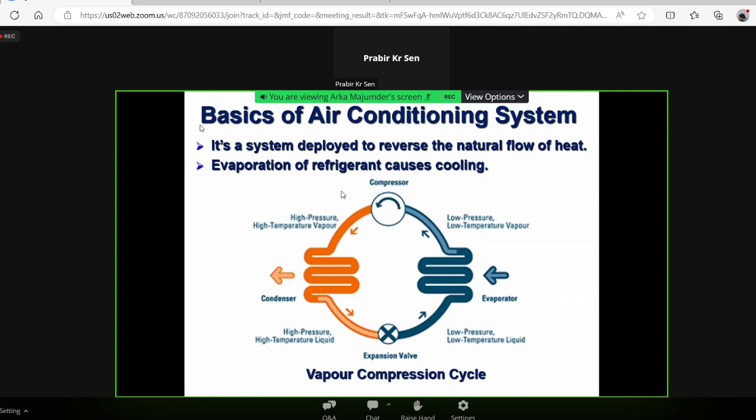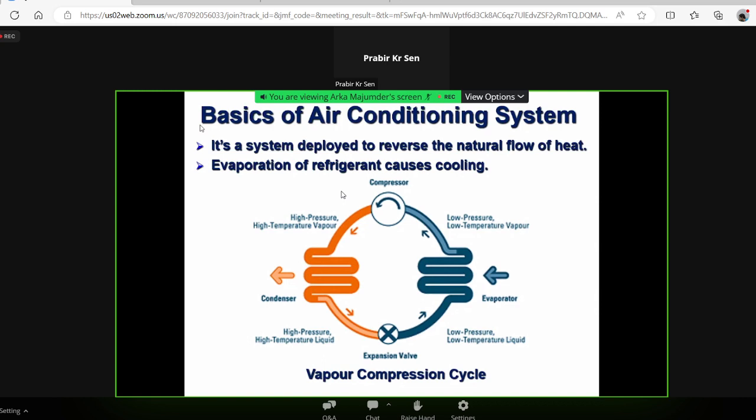So the cold refrigerant is then again passed through another cooling coil, which is called the evaporator, where the refrigerant is in the form of cold gas and a little bit of cold liquid. And when we pass the return air from the room over that coil, then whatever traces of liquid refrigerant were there in the mixture coming inside the coil also get evaporated.